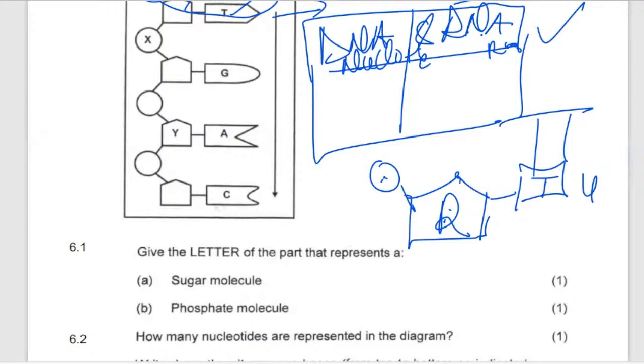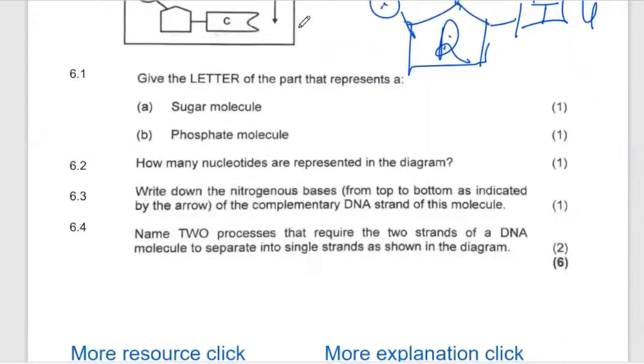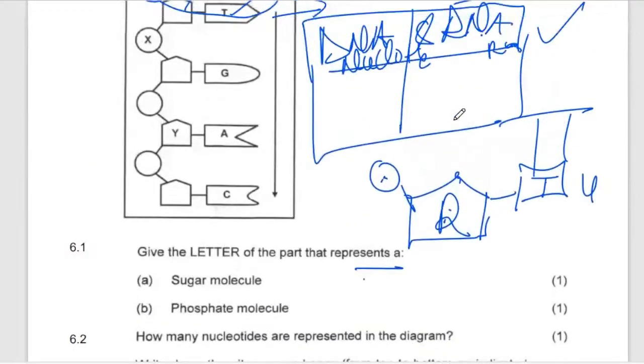If they ask you the difference between DNA replication and transcription, you have to know the differences. We're going to spend a few minutes here. I'm only going to focus on the things which you fail. In DNA replication, two strands act as a template.